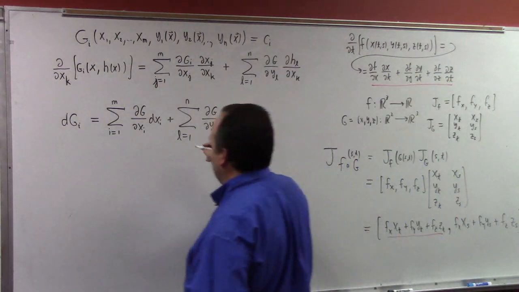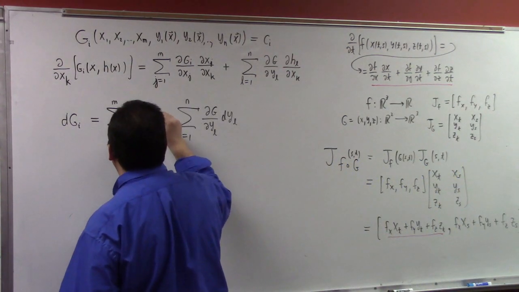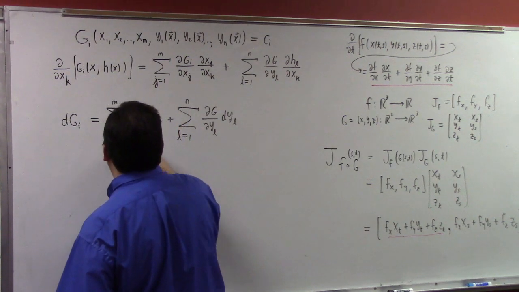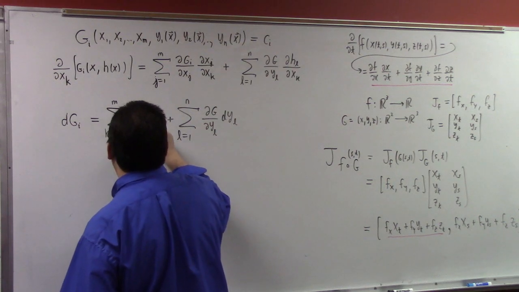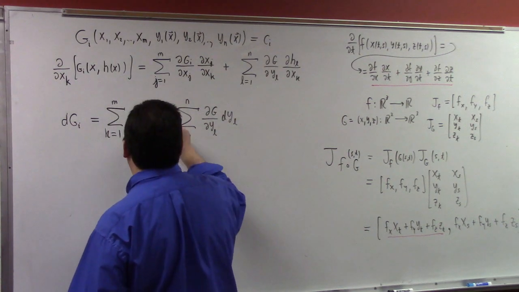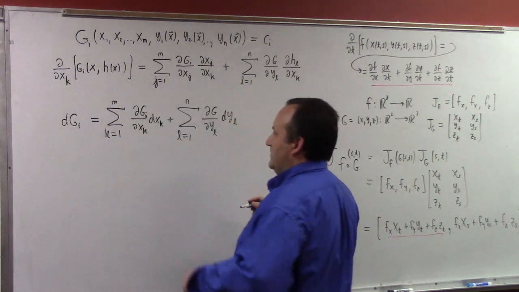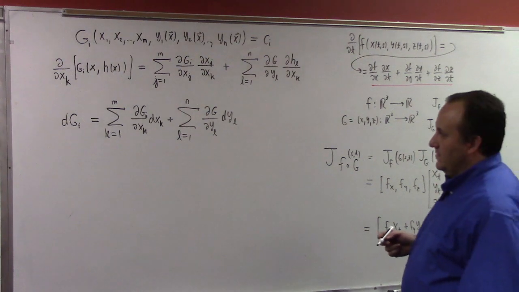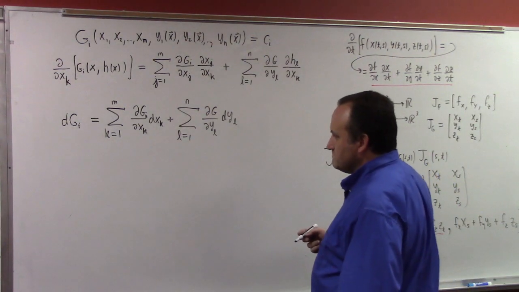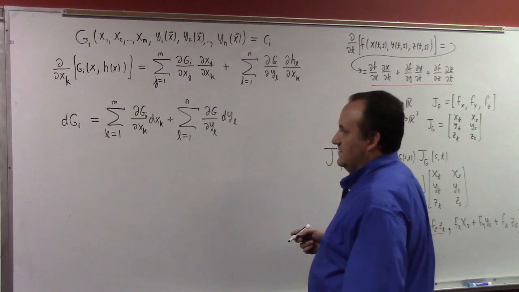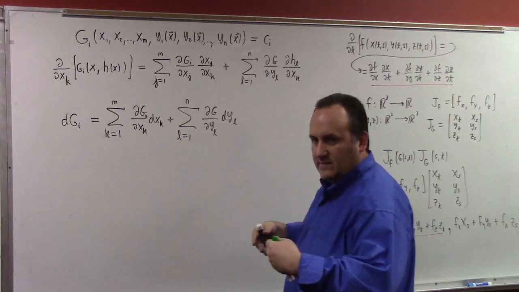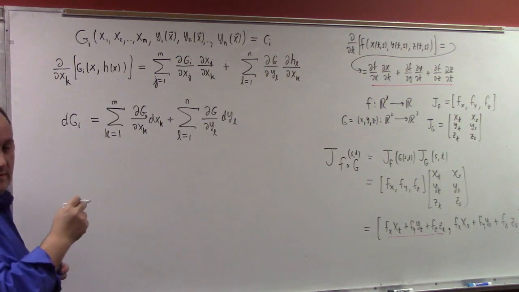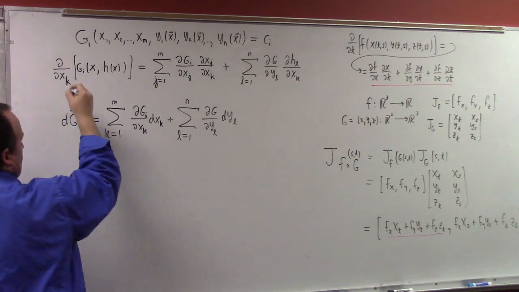Oh, my bad, I guess I better change that to a k for now, since i has a fixed meaning. But here you go, that's the total differential for g. And so I can just add these. Instead of thinking of it like this, check this out: I can just think of it as a vector of differentials.